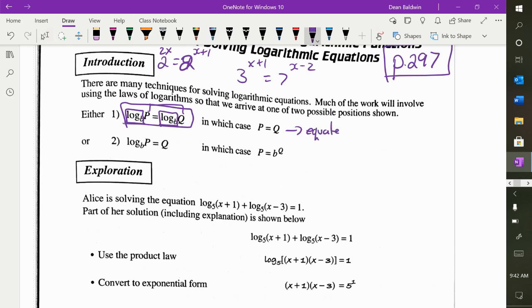That's one kind. The other kind is when you have a log equaling a number. So in this case, the number is q. If you have this, then what you do is you change to exponential form.